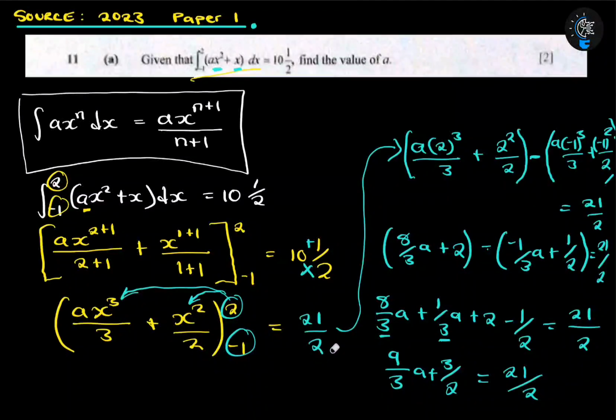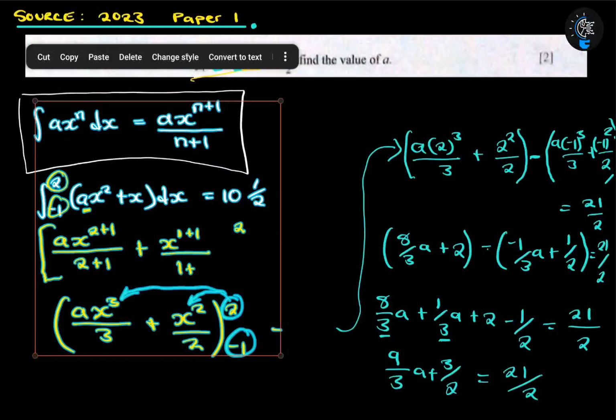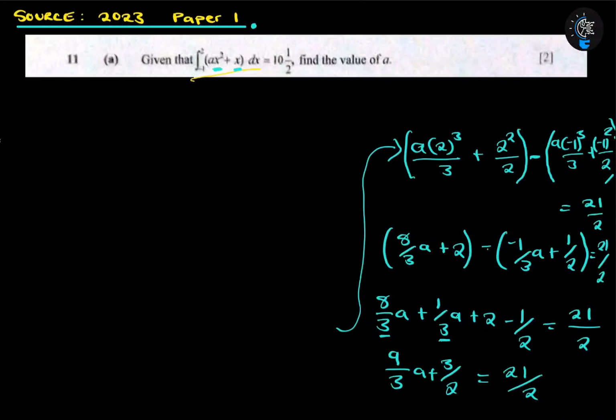Okay, let's create some space on this side. We have 9 over 3a. The 3 over 2 will jump to the other side, so we get 21 over 2 minus 3 over 2.